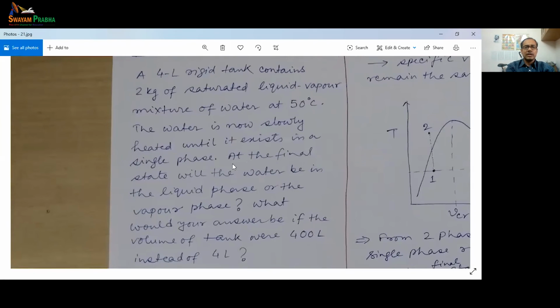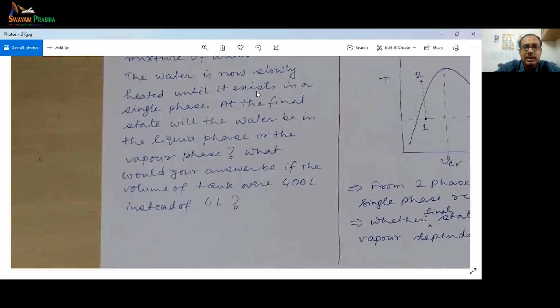A 4-liter rigid tank contains 2 kg of saturated liquid water mixture. So it's a liquid water mixture to start with, and the temperature is given to be 50 degrees centigrade. The water is now slowly heated until it exists in a single phase. So now from 2-phase you are taking it to single phase by heating it up.